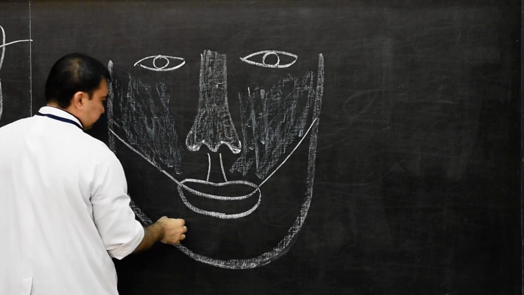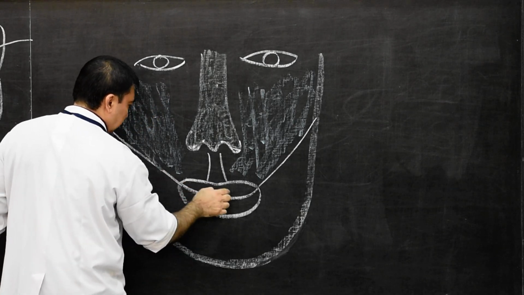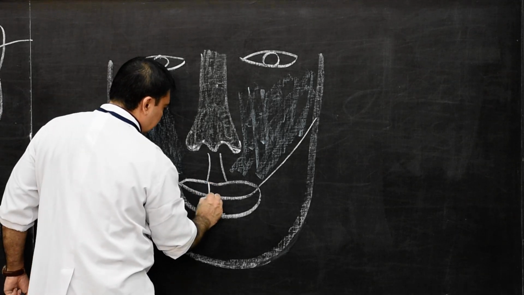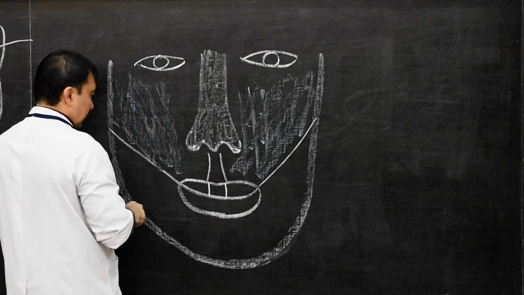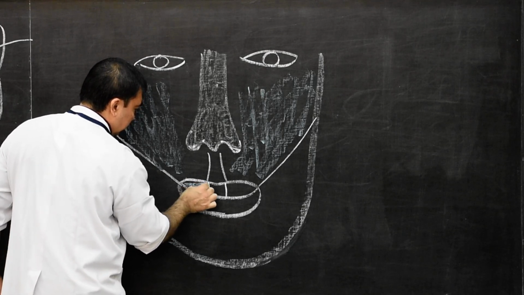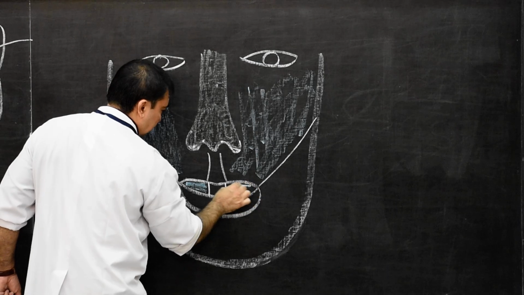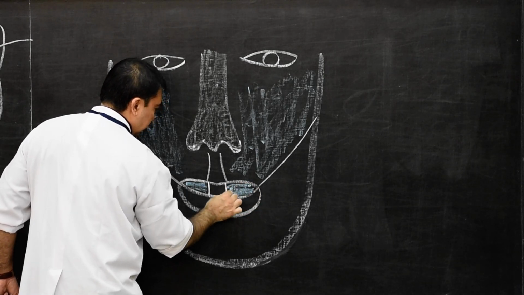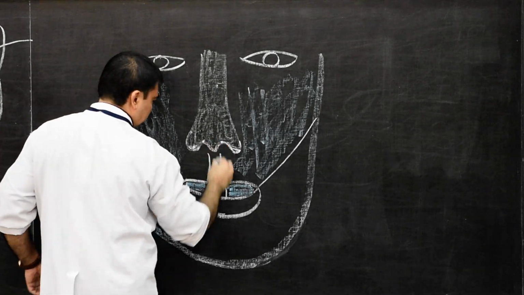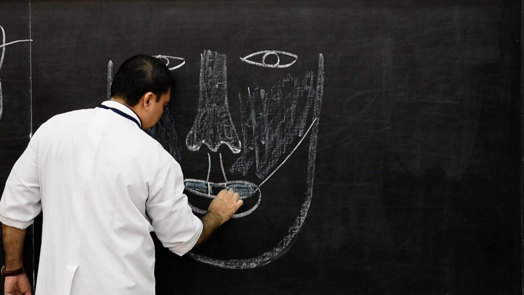And here in this region, upper lip, we demarcate it by dividing into central portion of the upper lip and lateral portion. The lateral portion of upper lip will develop from maxillary process. What about the central portion? It will develop from frontonasal process.